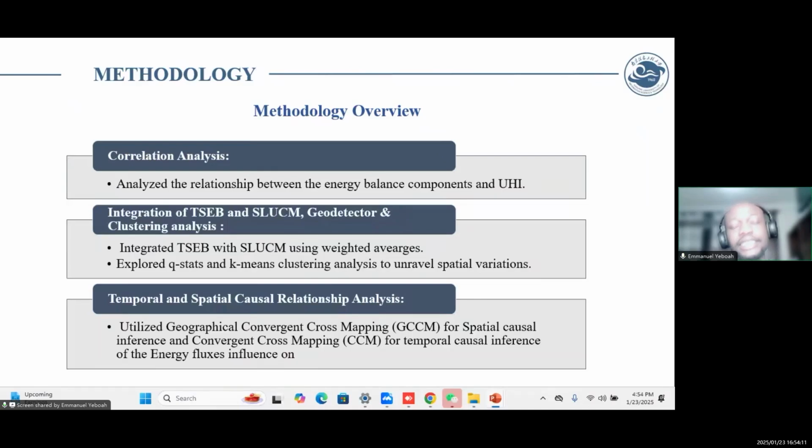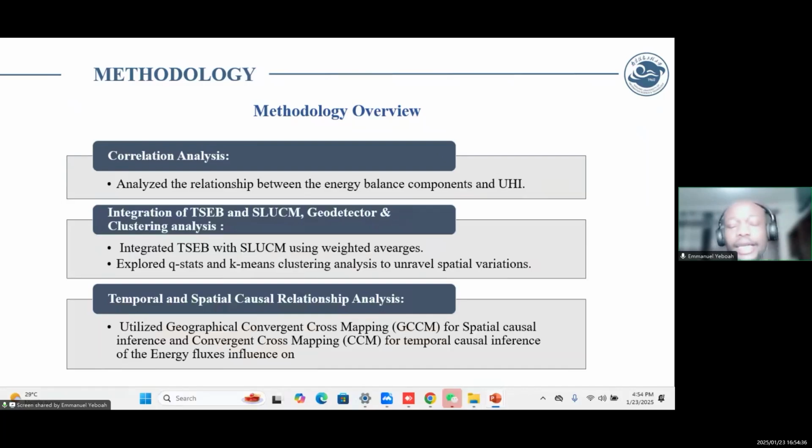Integrating this ensures that both physical and urban canopy landforms are accurately accounted for in the analysis. Then we went ahead to perform what we call geodetector analysis, which gives spatial variations or spatial patterns across time.